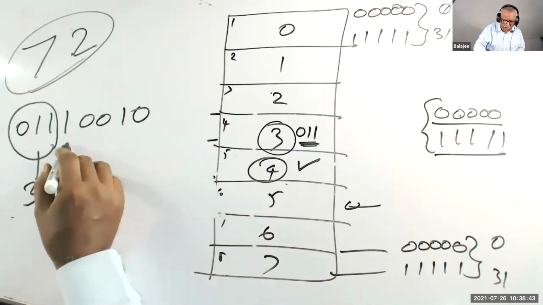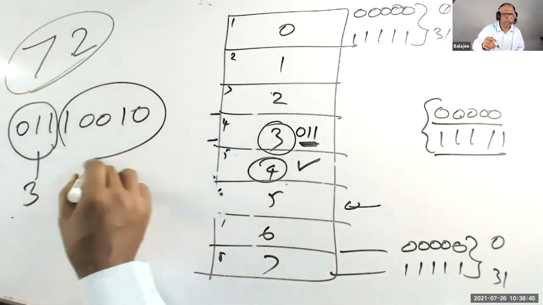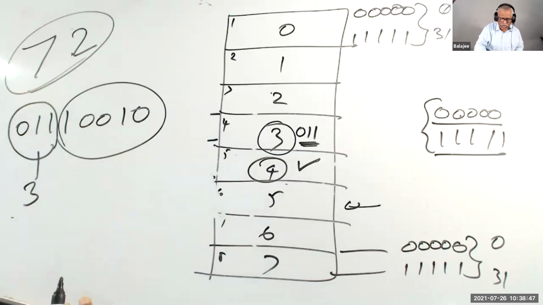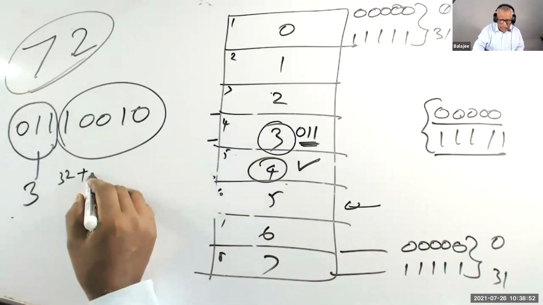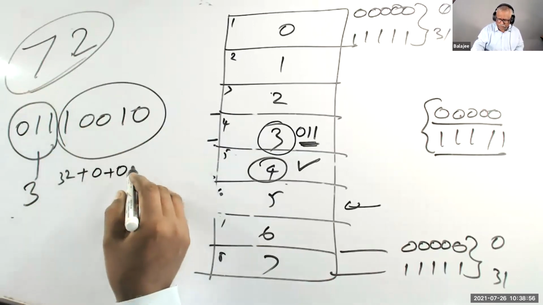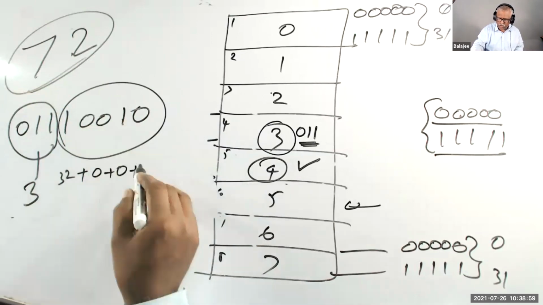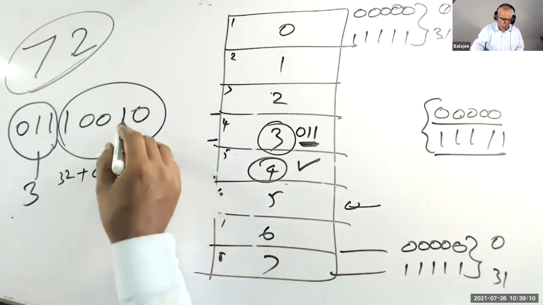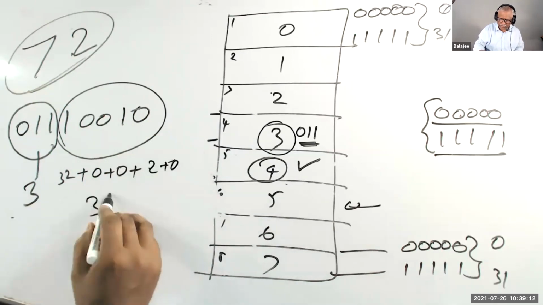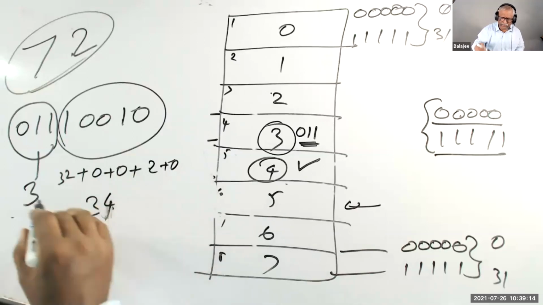Then you do this: 32 plus 0 plus 0 plus 2 plus 0. So 34th page. Book 3 and page 34.